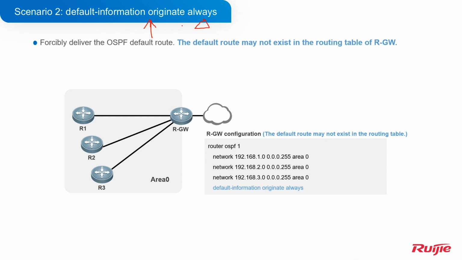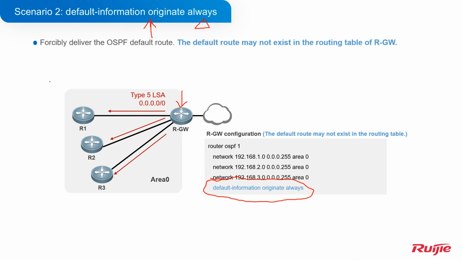This means that whether or not we have the default route in our routing table, we will deliver the OSPF default route to other routers. So here, on the RTW device, when we use the default-information originate always command, the RTW device will deliver the OSPF default route to R1, R2, R3.